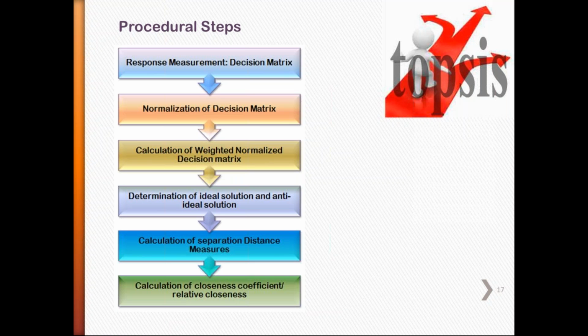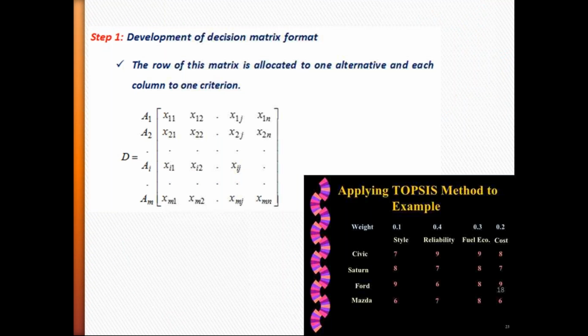This closeness coefficient is nothing but the single index which converts a multi-criteria decision making problem into an equivalent single criterion decision making scenario. So by assessing the value of the closeness coefficient, you can select the best one or rank the alternatives.